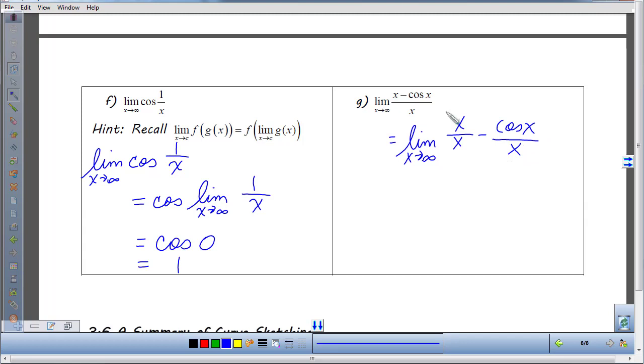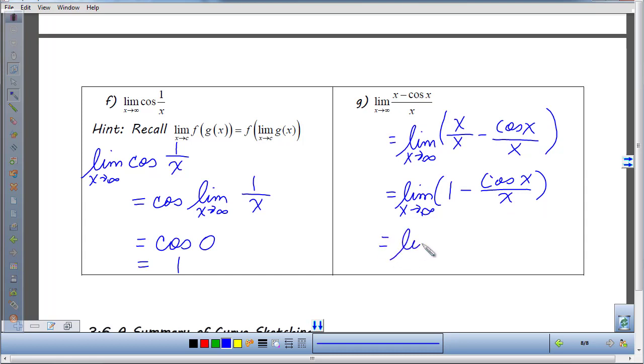And we're taking the limit of all of this. Of course, x over x is just 1. And we still have cosine x over x. I can distribute the limit across a sum or a difference.